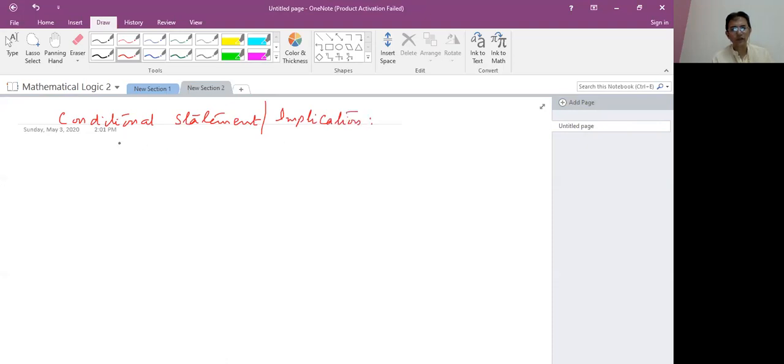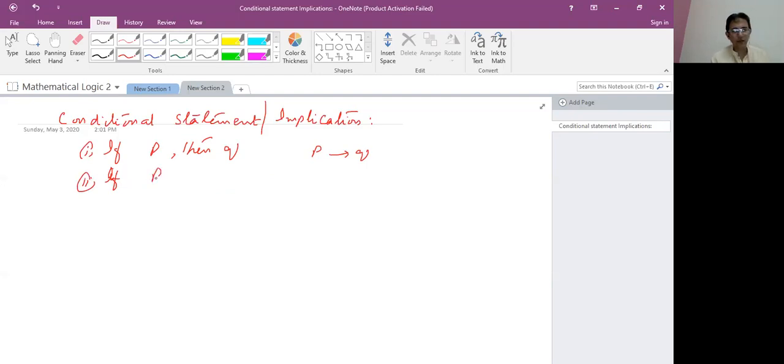In the English language, when we use the form if P then Q, we call it a conditional statement. Or mathematically, P implies Q. There are so many expressions for the conditional statement.